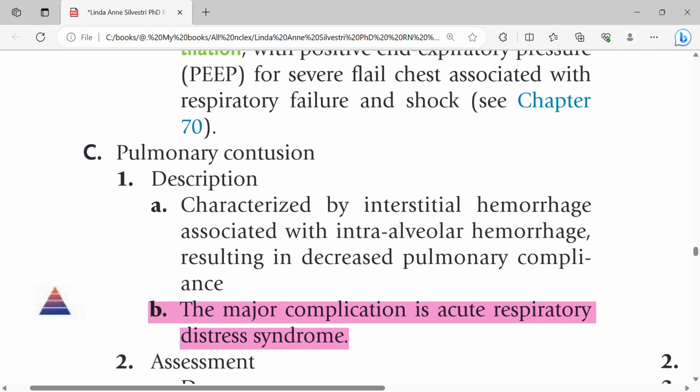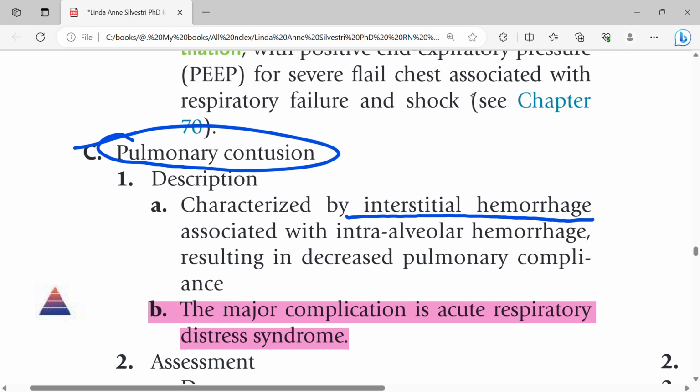Now we start part three, the pulmonary contusion. So what is pulmonary contusion? It is characterized by interstitial hemorrhage associated with intra-alveolar and alveolar hemorrhage, resulting in decreased pulmonary compliance.